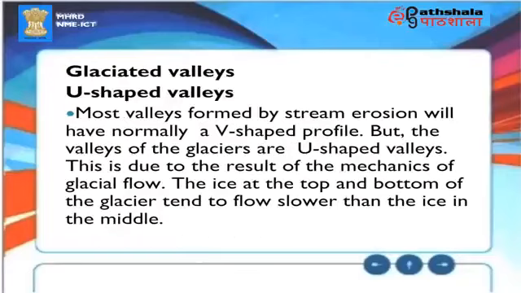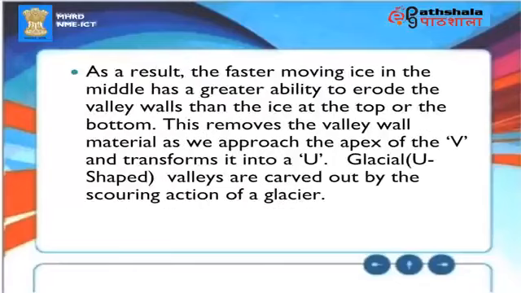Glaciated valleys. U-shaped valleys. Most valleys formed by stream erosion will normally have a V-shaped profile, but the valleys of glaciers are U-shaped valleys. This is the result of the mechanics of glacial flow. The ice at the top and bottom of the glacier tends to flow slower than the ice in the middle.